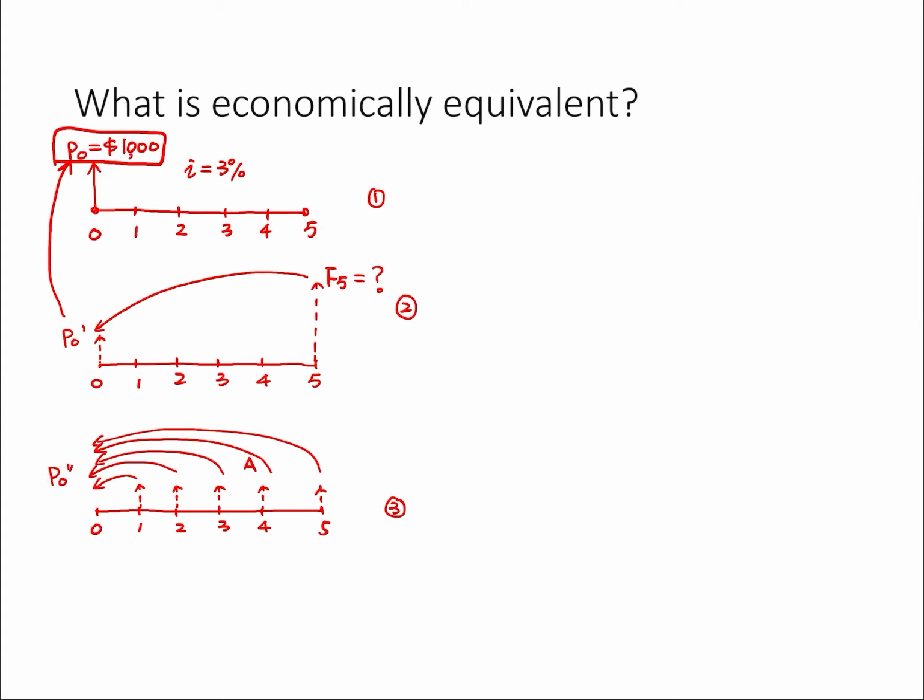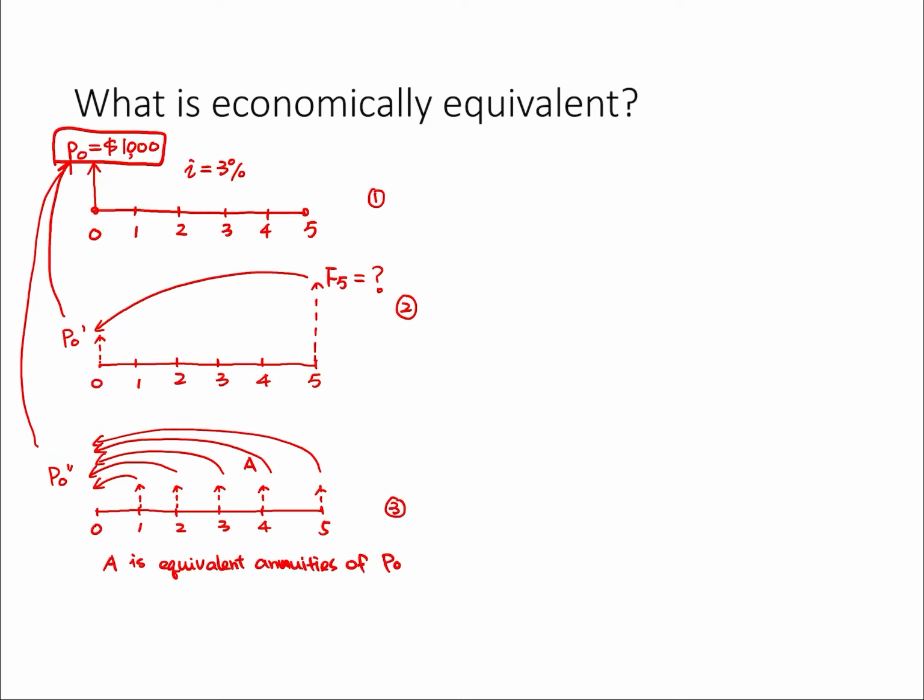some P double prime, and if this value is the same as P0, 1,000, then we can say this annuity, this A, is equivalent annuities of that P0.